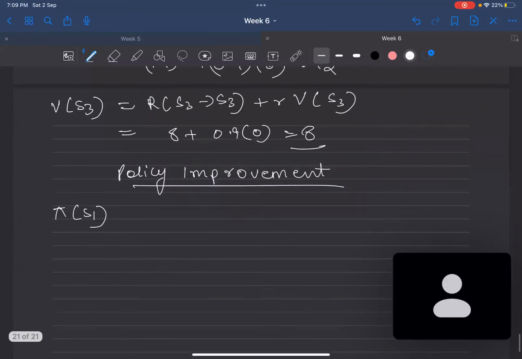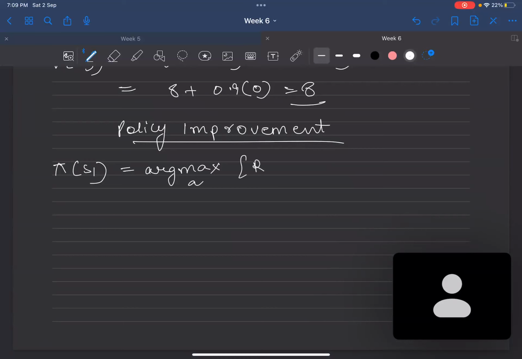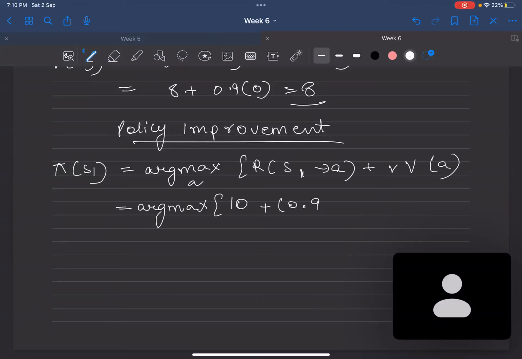That is argmax of A. Basically, which one? 10 plus 0.9, and the value of S1 is 10 only. Now, what is the S1 to S2 reward?